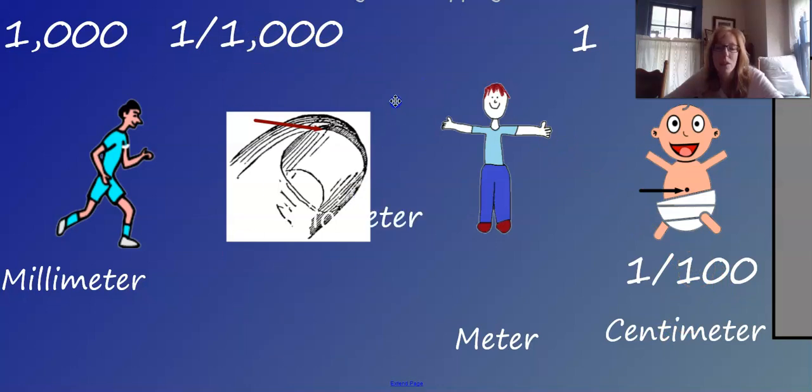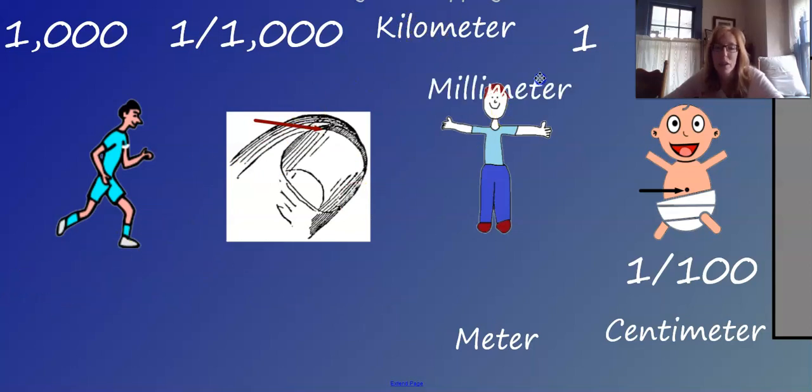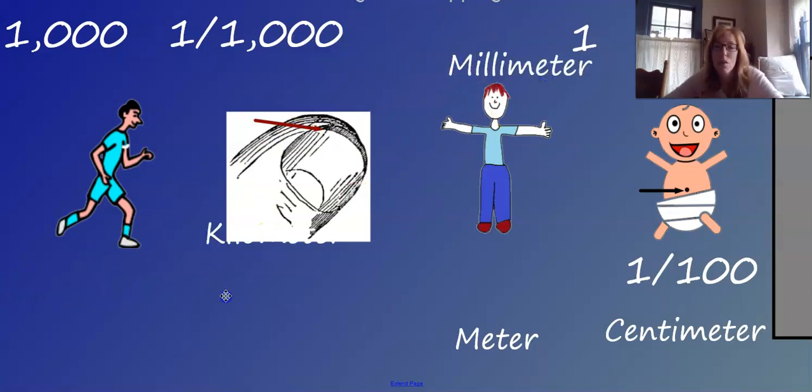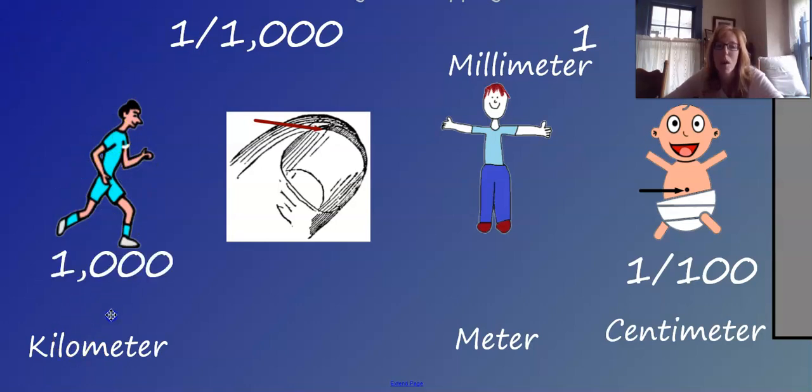We said that a kilometer was kind of big. If you're doing a kilometer, you're running. A kilometer is 1,000 meters. That's a big amount.